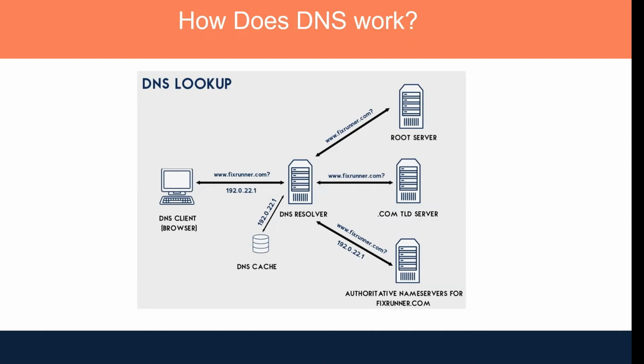So basically in public DNS services, you are going to create a listener on the F5 against a particular IP. Let's say you want to create a listener for fixrunner.com. For fixrunner.com on F5, you define the IP 100.0.0.7.